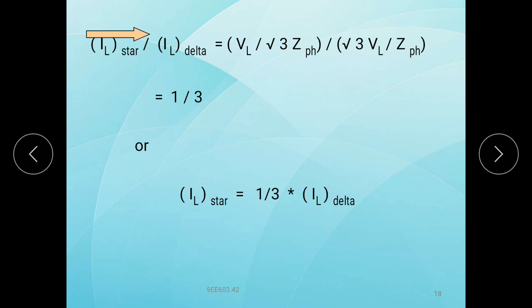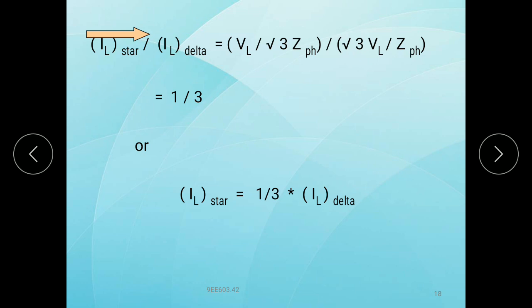Here IL star by IL delta, that is VL by root 3 Z phase divided by, in delta, root 3 VL by Z phase.